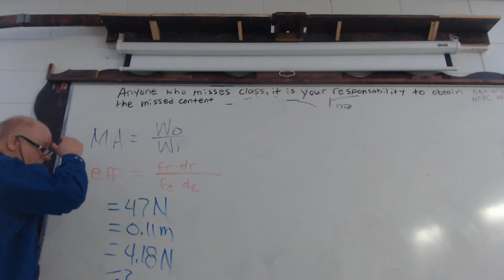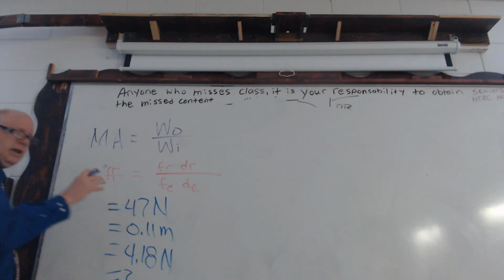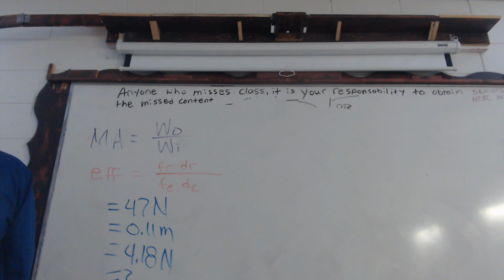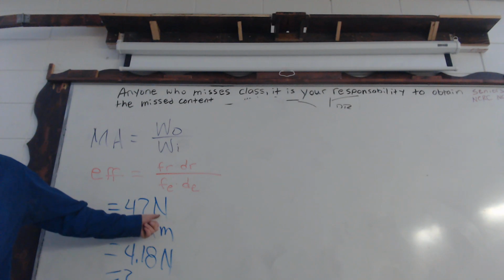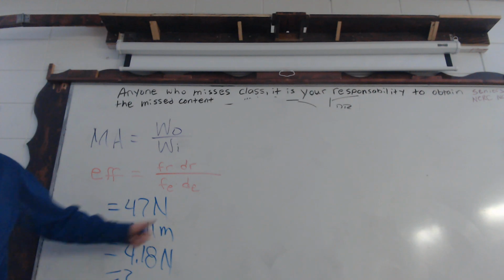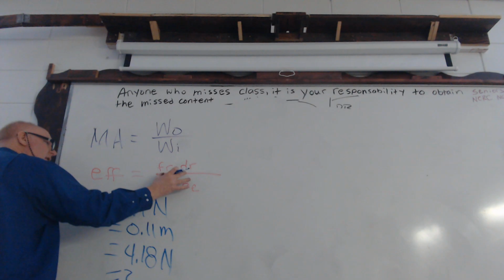Then the next one's a question mark. If my memory serves me right, doesn't it say the lumberjack is swinging with 47 newtons? If they're swinging with newtons, what type of variable is that going to be? It's going to be a type of force. It's very similar to this equation.